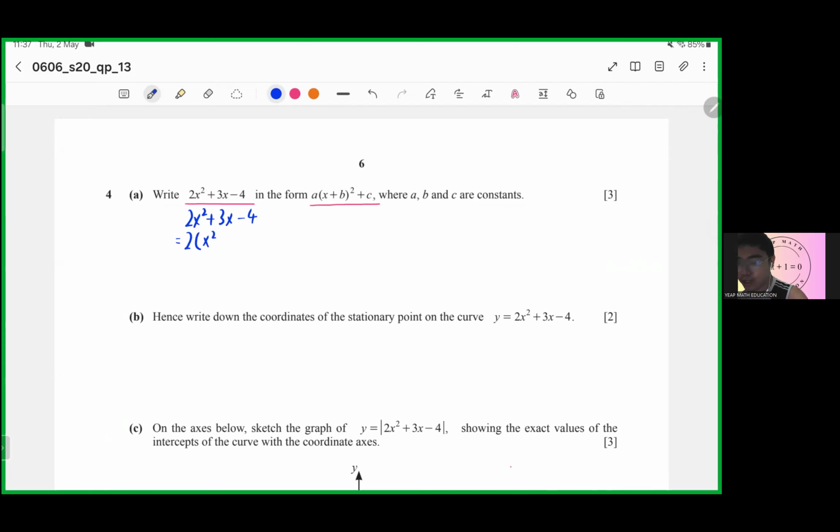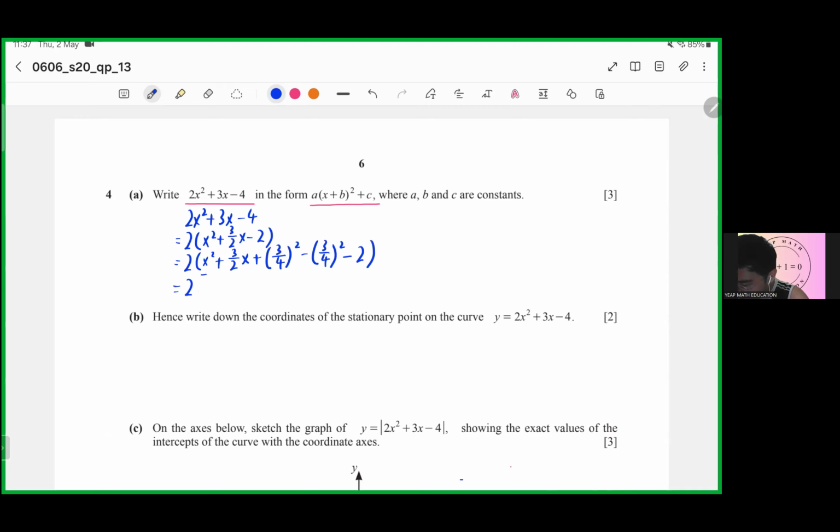First we need to factorize 2 out. And then we start: x squared plus 3 over 2 x plus (3 over 4) squared minus (3 over 4) squared minus 2 here.